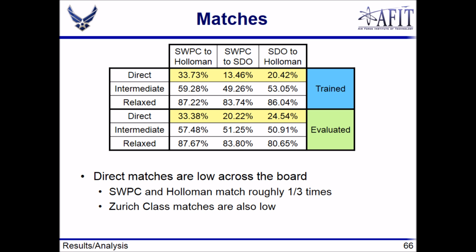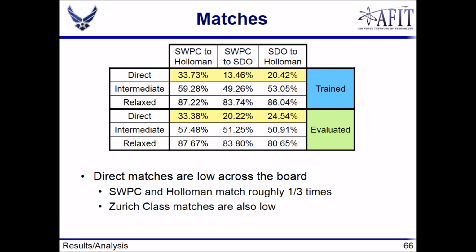Okay, so on slide 66, now we're going to go ahead and compare the matches that we have. The first thing I want to highlight here is the direct match, and you can see that the direct matches are low across the board. For the SWPC and Holloman matches, only about 33% of the time, 1 out of 3 times, do all of the different parameters in the classification actually match.